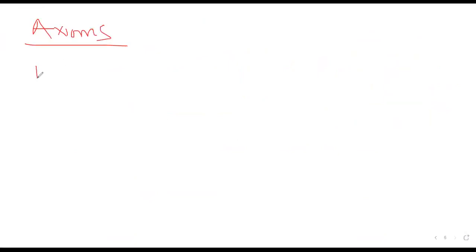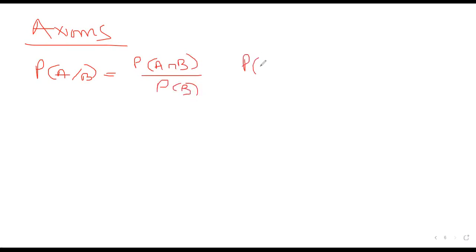To say probability of A given B is given by A intersection B over what? B down there. If we're given B given A, what goes down? We have A intersection B divided by the probability of A.